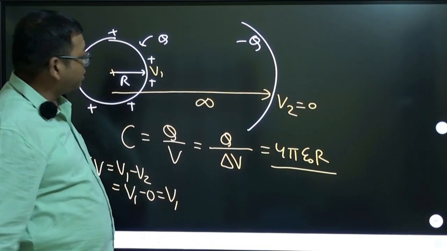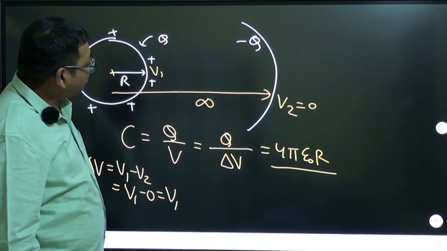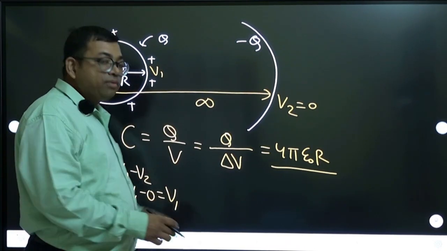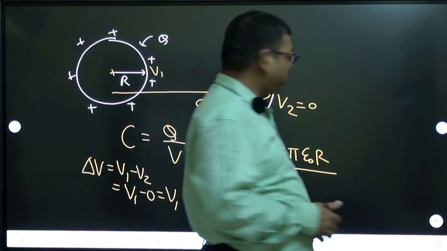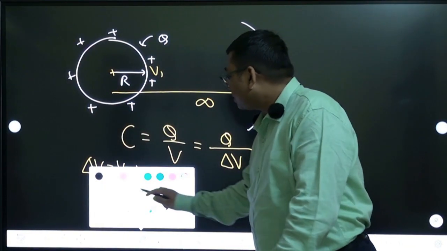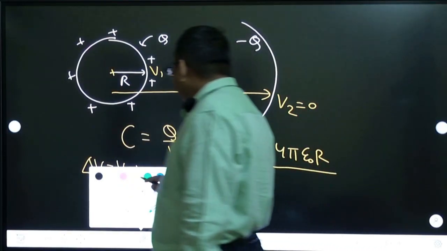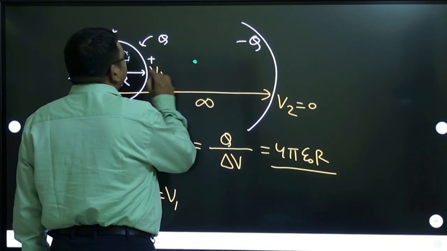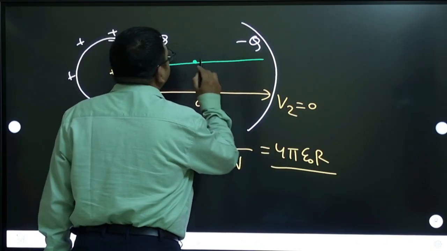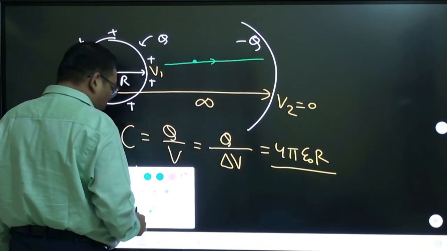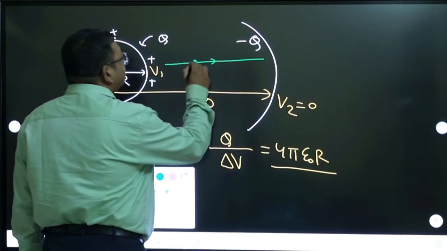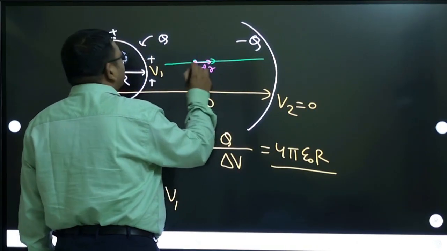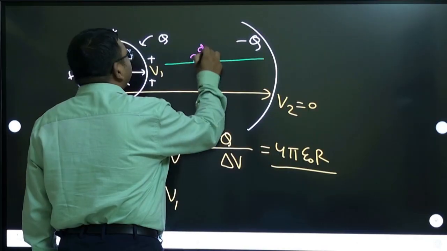Now let us try to understand how to calculate. Also know that this can be derived from a very fundamental approach. What is that fundamental approach? Suppose I take any point in between here, and I know the electric field due to this goes like this, electric field lines. If I move a distance dr in the direction of the electric field, there is a change of potential, dV.